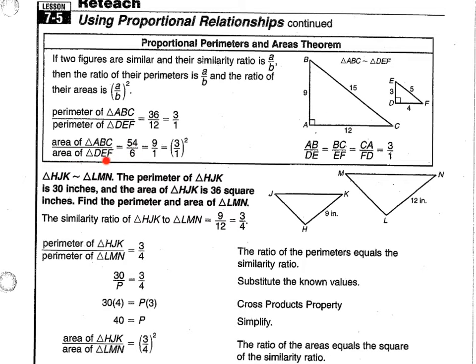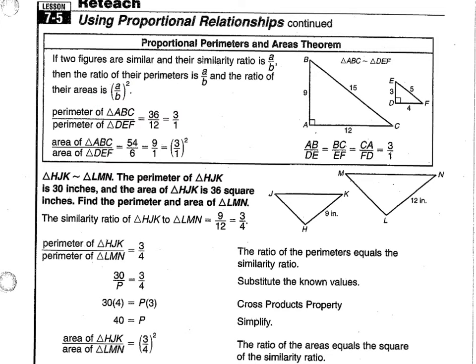Compared to the area of the small triangle, base is 4 times height 3, 4 times 3 is 12, divided by 2 is 6. 54 over 6 reduces to 9 over 1, and notice that 9 over 1 is the same thing as 3 over 1 squared. So just like the theorem says, whatever the ratio of the similarity or the perimeter, that would be the same thing squared for the area.